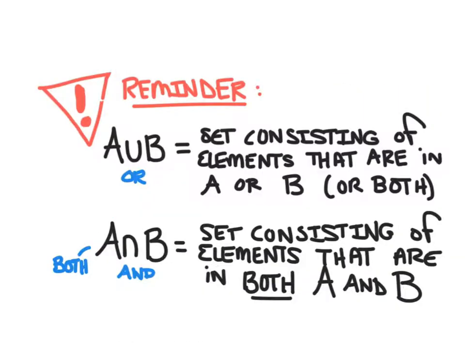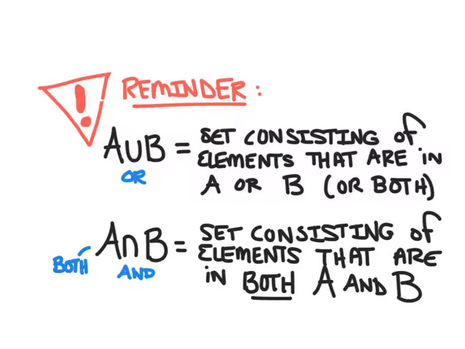Now before I get into the approach, I just want to remind you of two very basic definitions. The first is for a union, and the second is for an intersection. So A union B is the set consisting of elements that are in A or B or both. So imagine you're joining together two things, you're taking a union of them. And therefore when you read A union B, think elements of A or elements of B, and we're including everything from both.